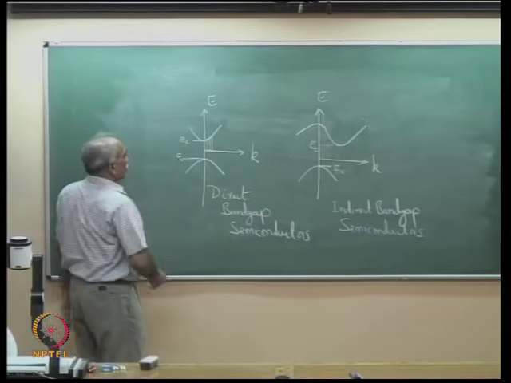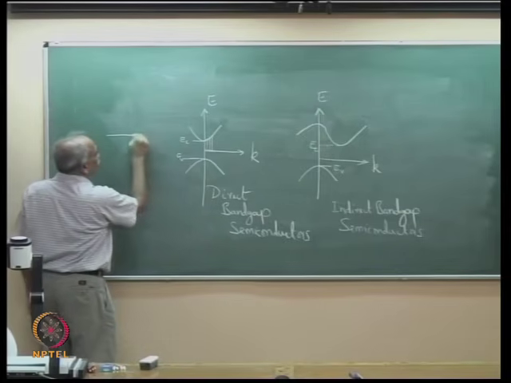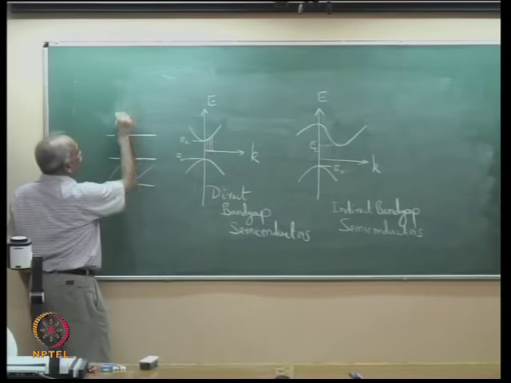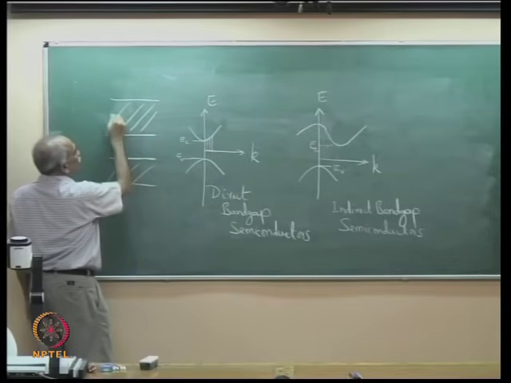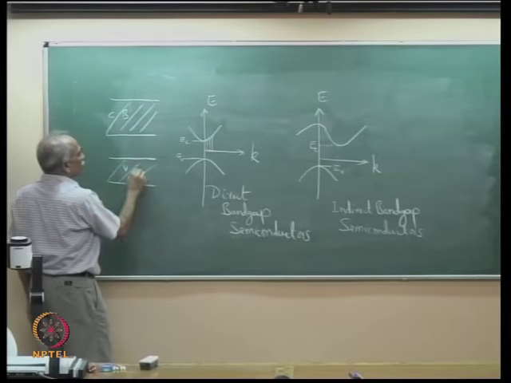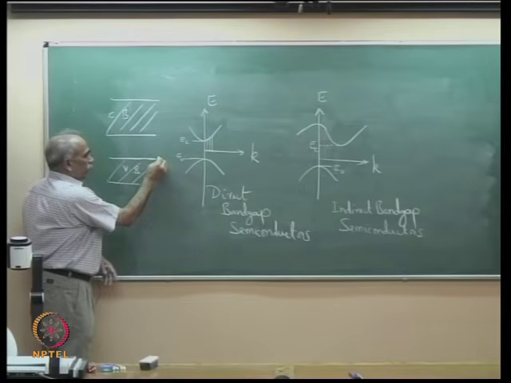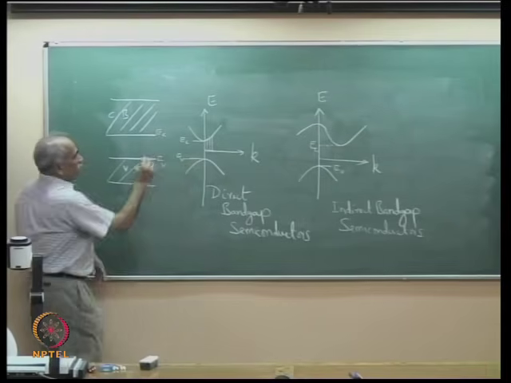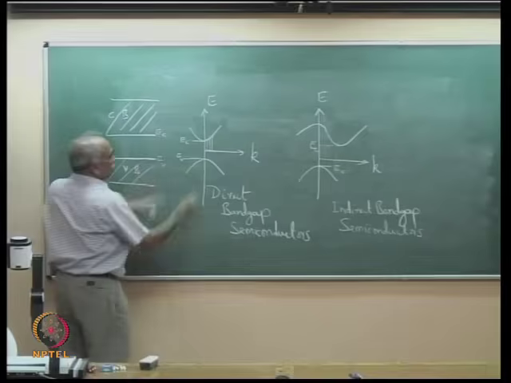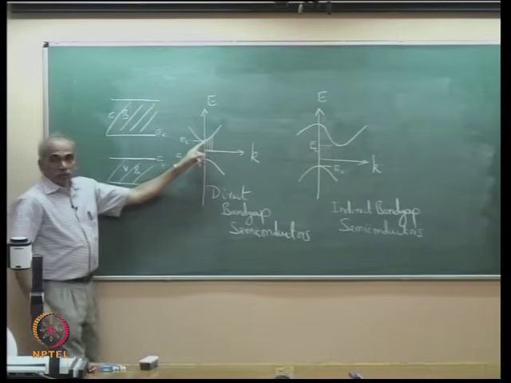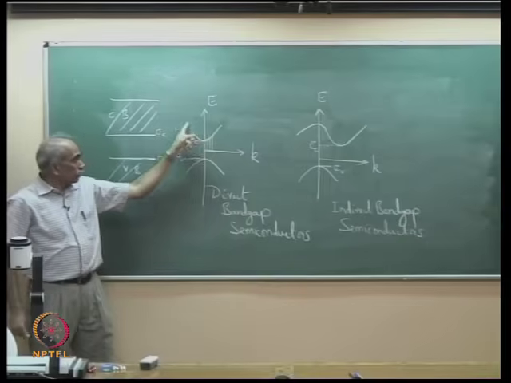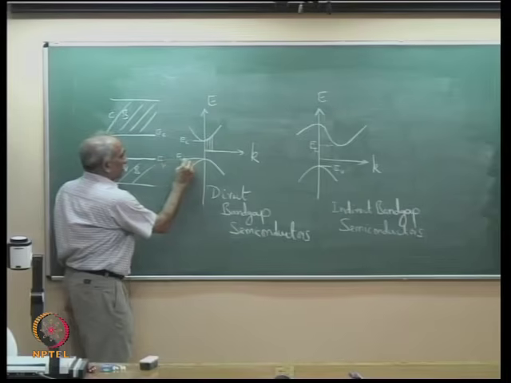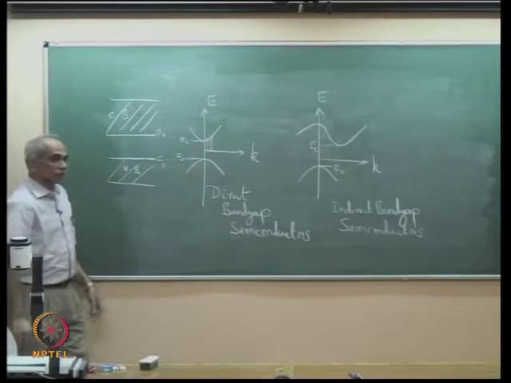Also please recall that we had drawn the familiar energy band diagram, where you show that this is the conduction band and this is the valence band. This is the band edge, which is EV, and this is EC. Have a clear picture that this EC is the same as the bottom of the EK diagram here, and the top band edge here is the same as this.